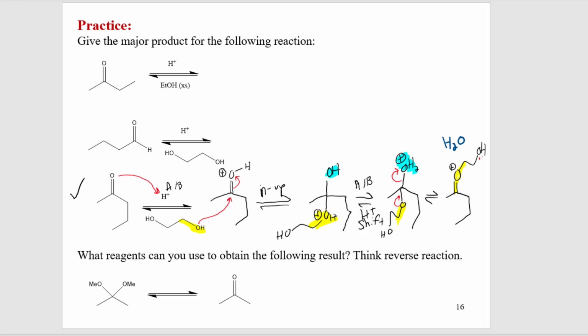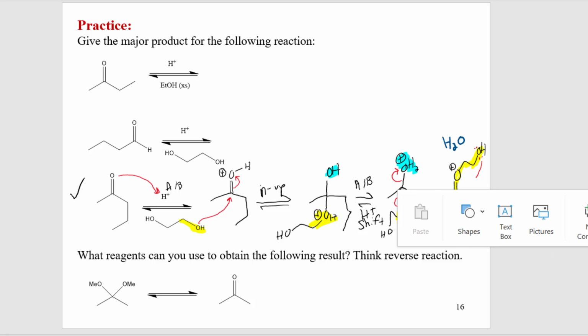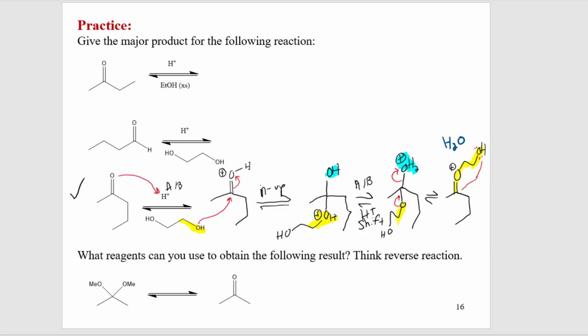This is the beauty of ethylene glycol. It already comes with its own second equivalent of alcohol. Look at that, it's on the other end. So that is an alcohol as well, and it's just dangling perfectly close to your carbonyl for the second in up. Isn't that just amazing?